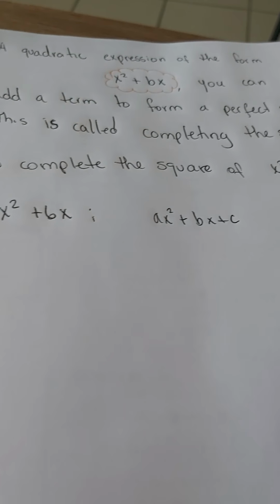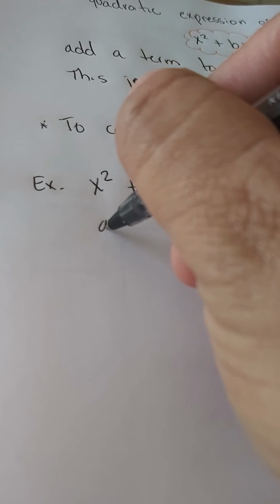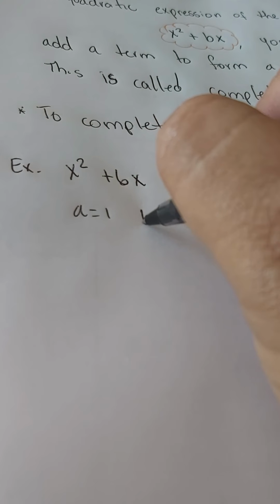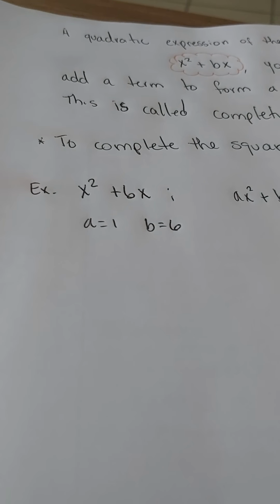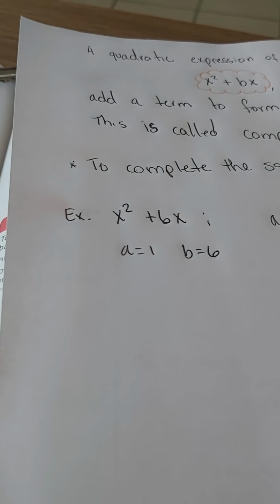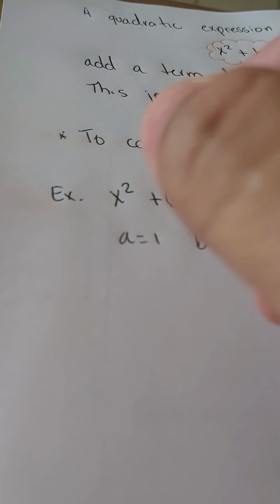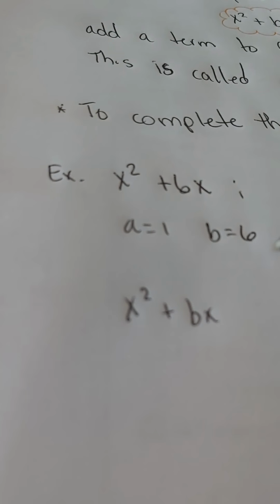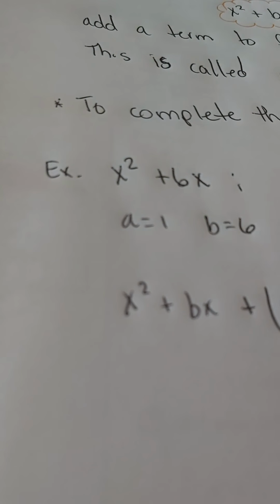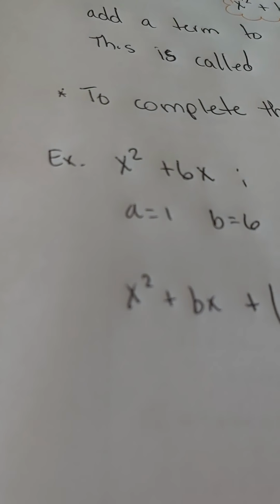So in this case, a equals 1, b equals 6. So we want to complete the square of this expression. To complete the square of x squared plus bx, we have to add half of b squared.